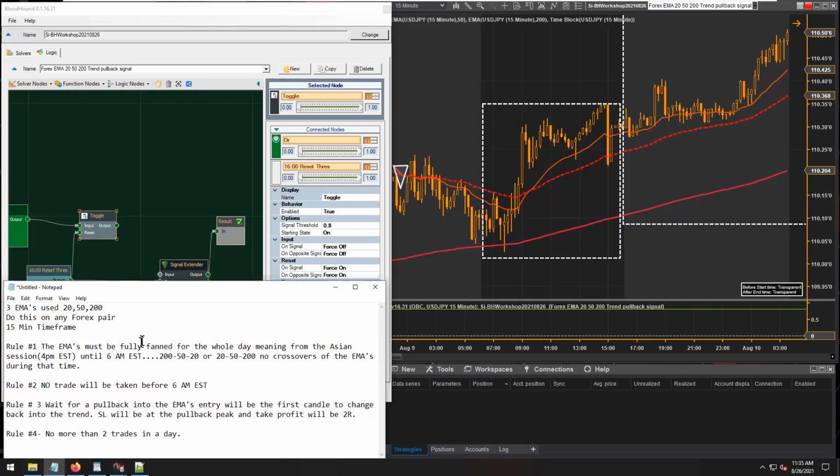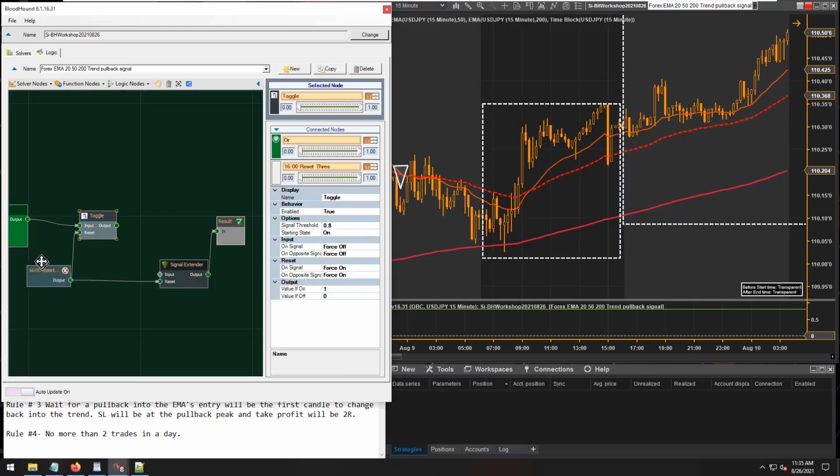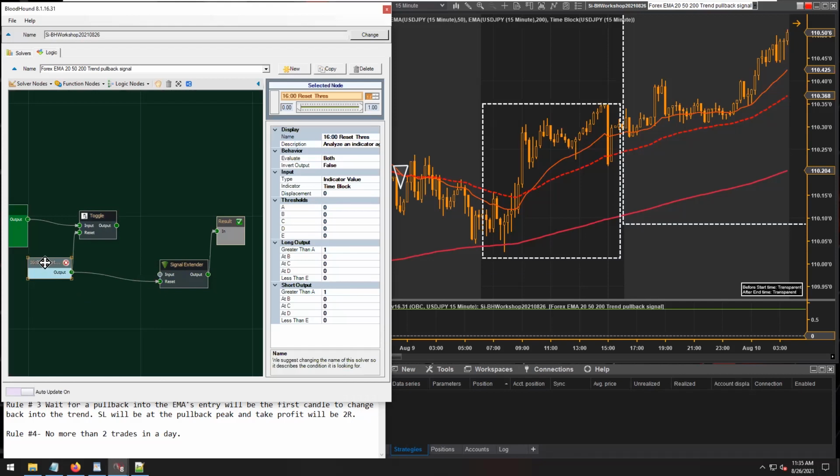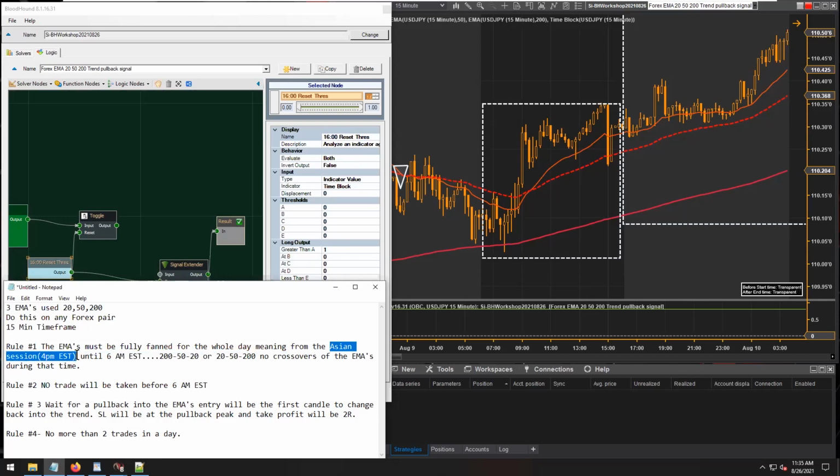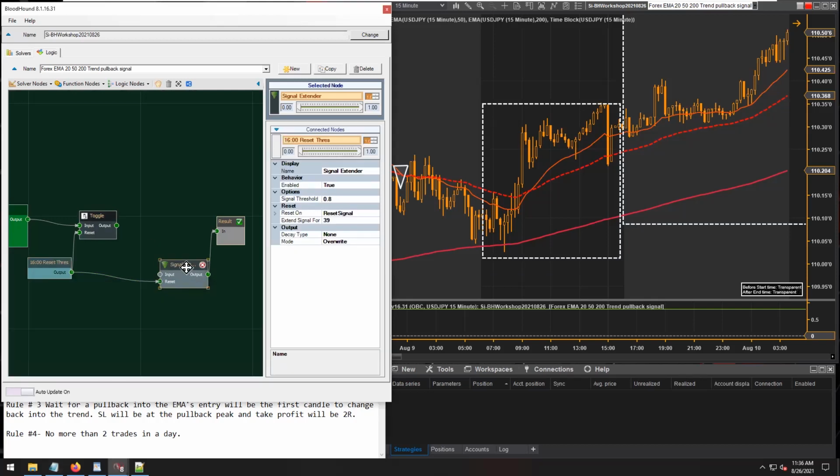So let's take a look at the rules again. So this threshold is identifying when the Asian session begins to turn the toggle node back on, and so now we need another one that identifies when the signals can begin, and if the toggle node is still on, then we'll feed that into the signal extender, and then we can look for the pullbacks.